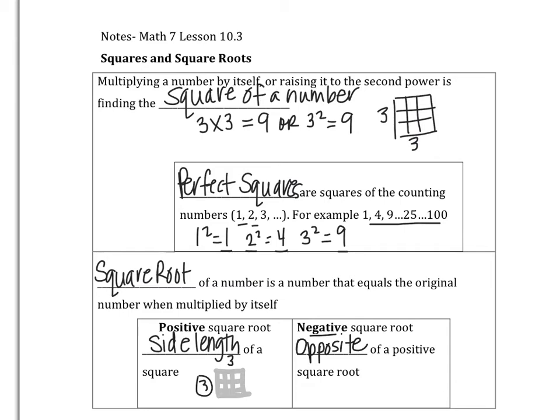Back to this example, the square root is 3, so a negative square root is going to be negative 3. If we have 3 squared, that's 9. If we have negative 3 squared, that's also 9. So that's why the opposite, a negative square root, also works.